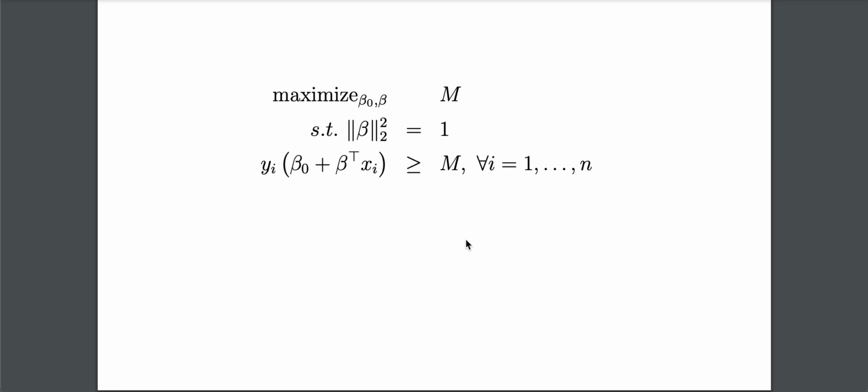So now we want to adjust this optimization problem a little bit so that most of the observations are on the correct side of the margin. However, we would like to allow a small subset of observations to be on the wrong side of the margin.